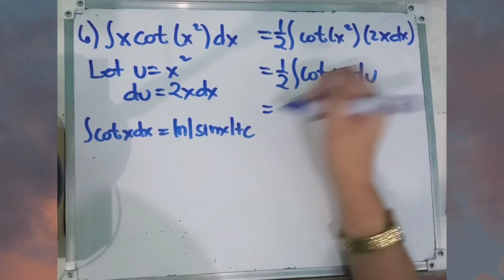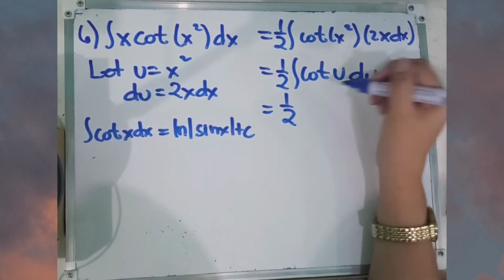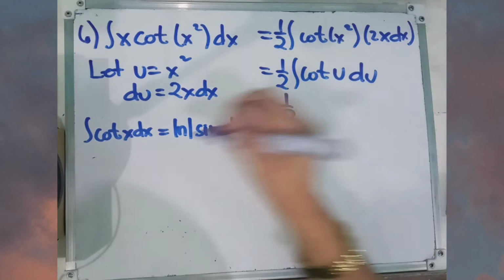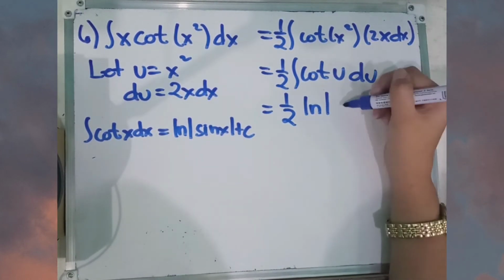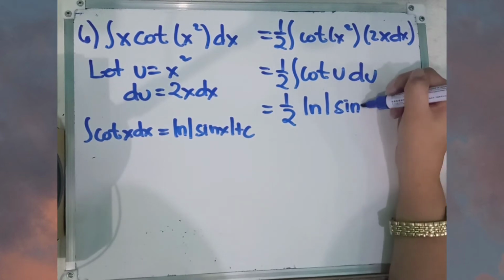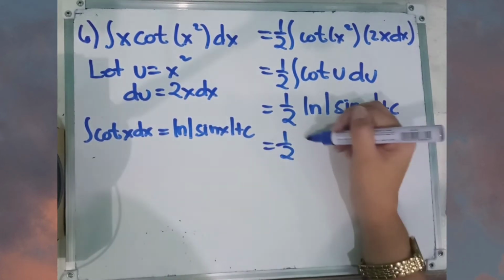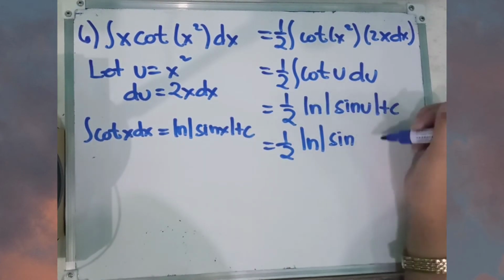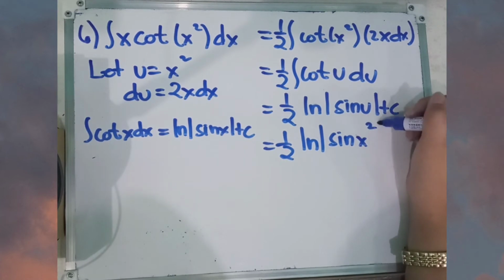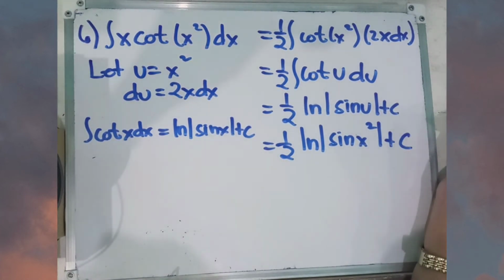And applying the given rule, that's 1/2 integral of cotangent u du, or cotangent x dx, which is the natural logarithm of the absolute value of sine u plus c. And sine u, if you go back, is simply sine x squared plus c. So that's example number 6.